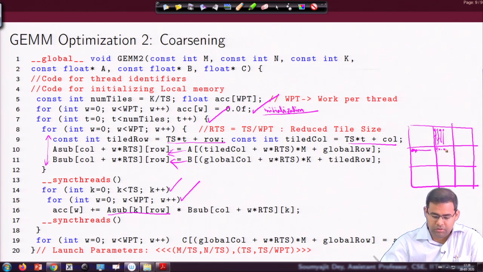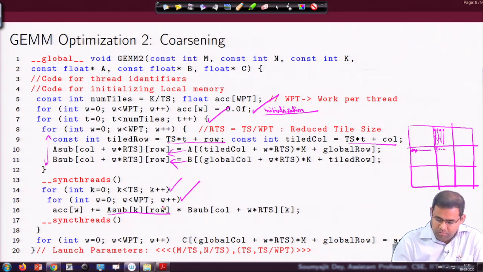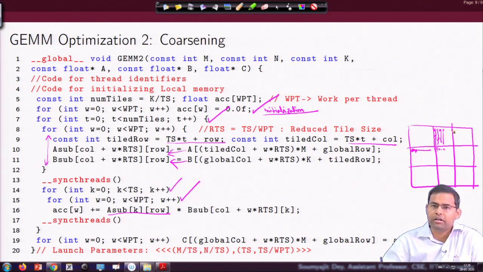So, that is the good thing, because since you are delegating more activity to this thread, that one load is common for multiple loads of data from the other array, right. Since this is constant, you have fewer loads at least for one of the inputs, and that increases your per thread computation now. I hope this is clear.